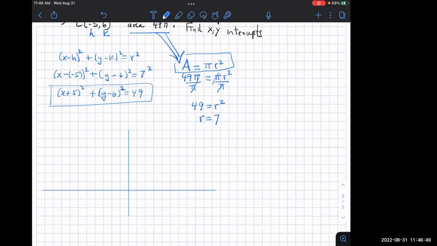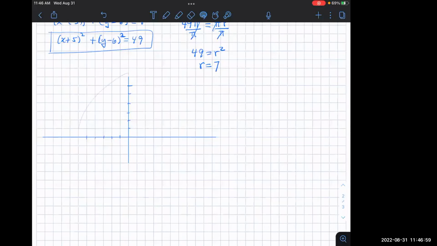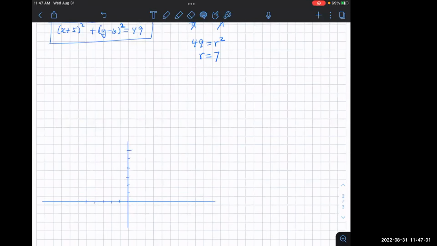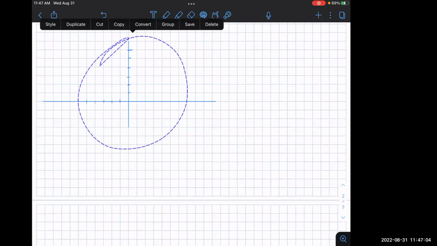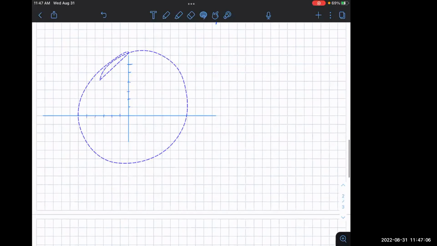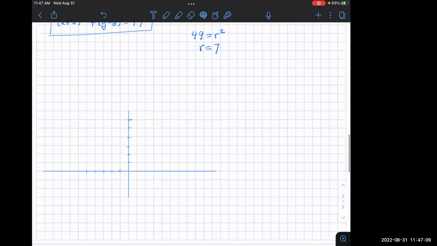We have to go 7 above 6. Okay, so then we have -5, 6 as the center.